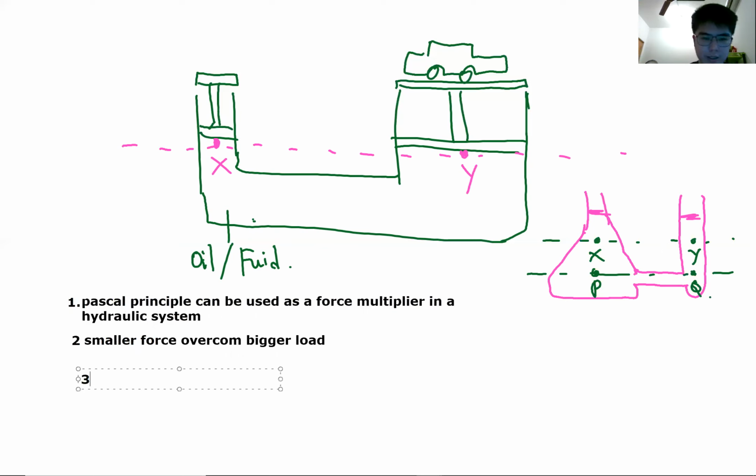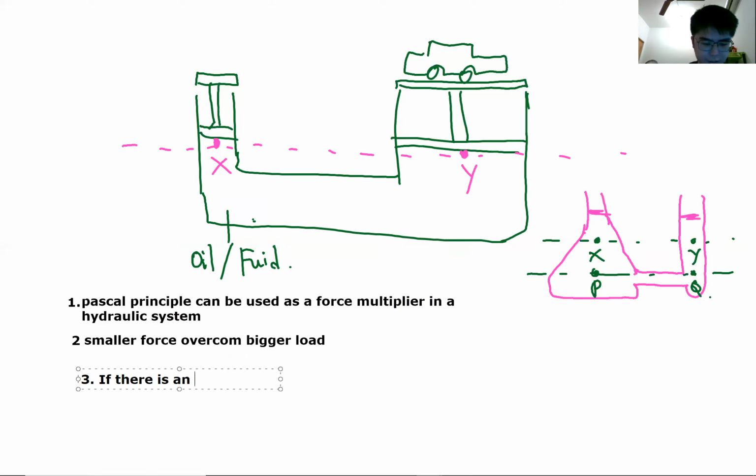Number three is, what happens if there is an air bubble? How do you explain it? For example, the question asks you, if there's an air bubble in a system, how does it affect the system? Okay, so you write this down.